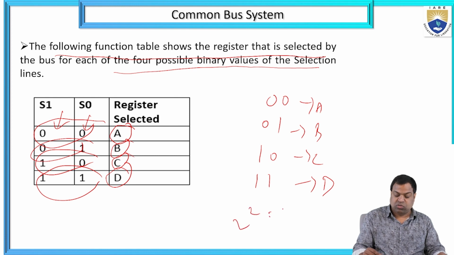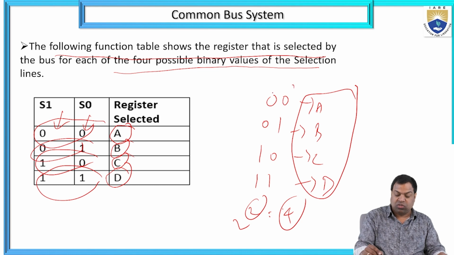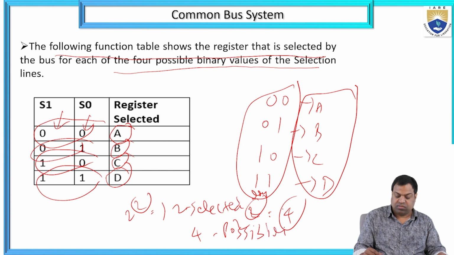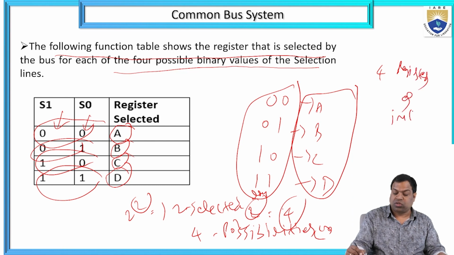Why? Because here 2 square equal to 4. So 4 registers I am taking. So 2 square equal to 4 possibilities are there. Why am I taking 2 square? Because here there are 2 selection lines, and 4 possibilities, or 4 registers I am taking here as input and 1 output.